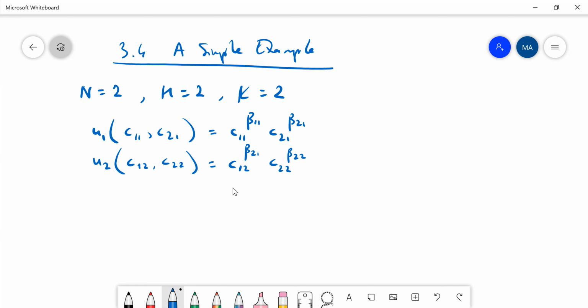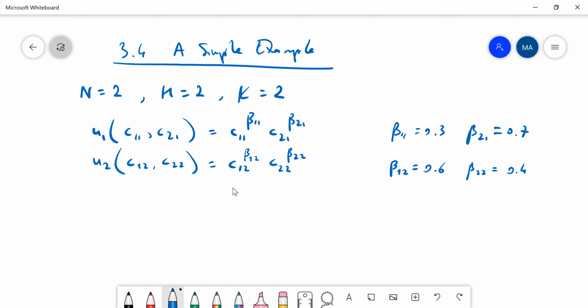These values are: beta 11 equals 0.3, beta 21 equals 0.7, beta 12 is 0.6, and beta 22 is 0.4.